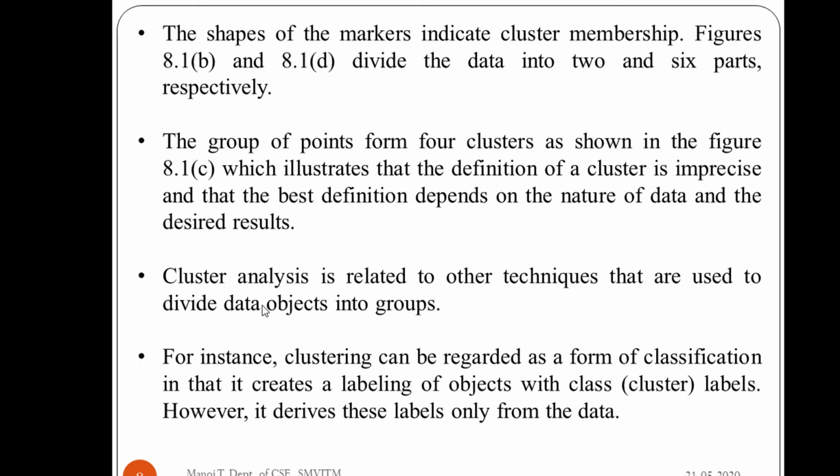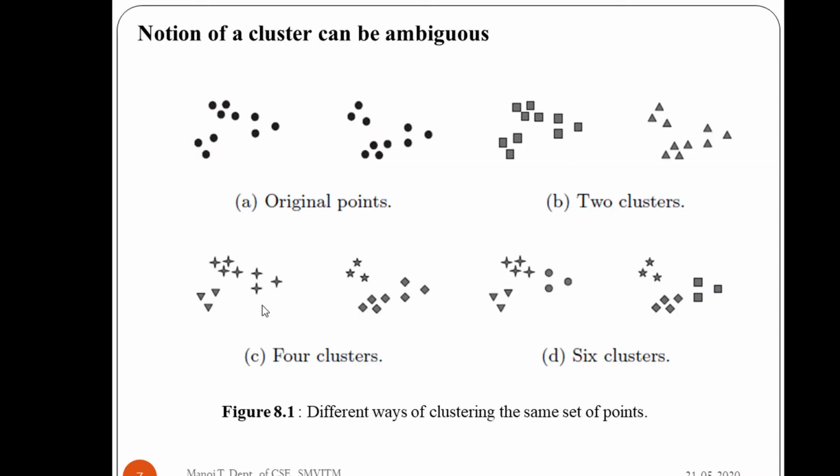So the clustering notion is very ambiguous here. The reason is that getting 2 clusters, 4 clusters or 6 clusters all depends upon what criteria you define on the original data points, and what similarity level you expect from those clusters. Based on that you may divide it into a different number of clusters.